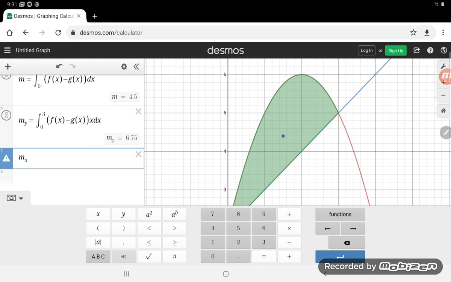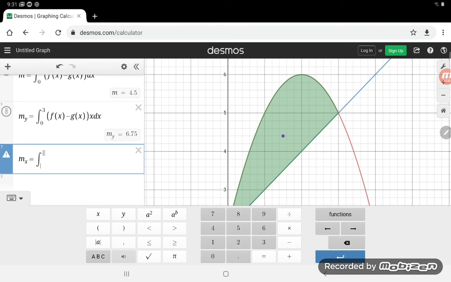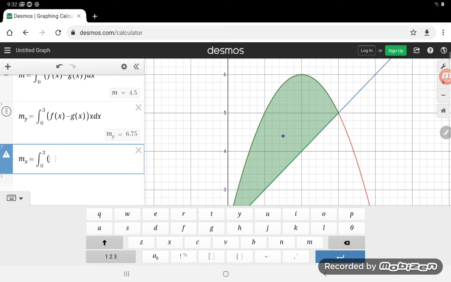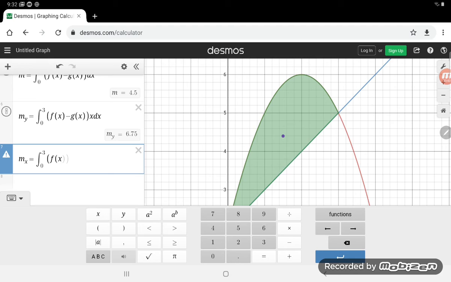So our m sub x is equal to our integral from 0 to 3. And in this case, we needed our mass and so forth. Notice I'm not using rho in any of these since it wouldn't like that, but it just disappears anyway.